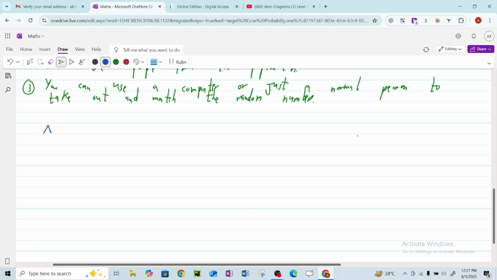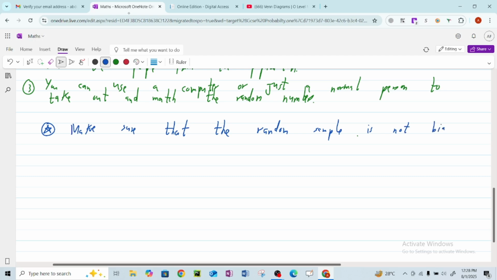Now, one thing to make sure here: make sure that the random sample is not biased.